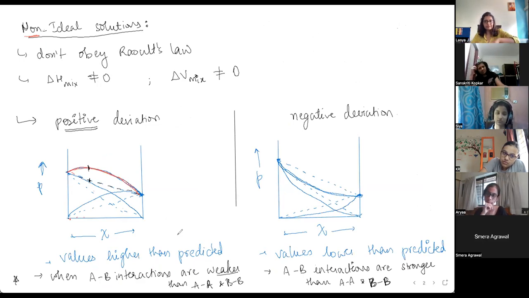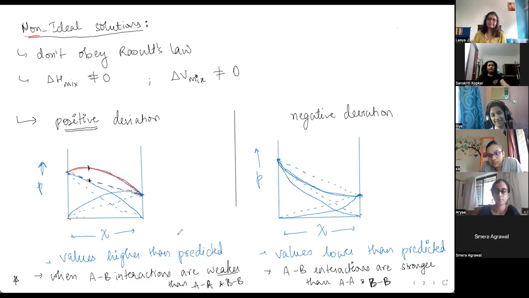Will it be easier for the molecules to escape, or more difficult? Easier. So if it is easier for the molecules to escape, will more molecules escape? Yes. So with more molecules, how will that affect the pressure in the vapor phase? It will increase.